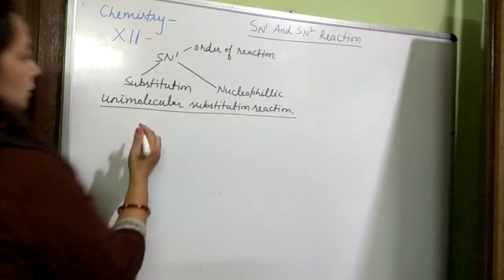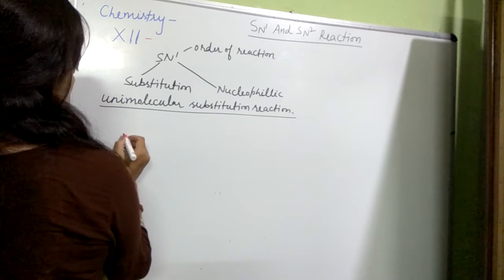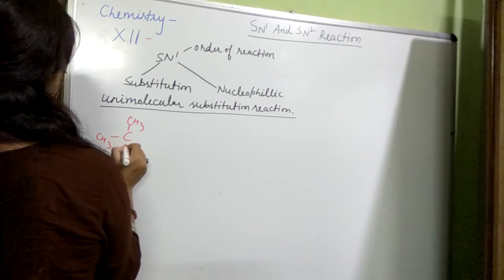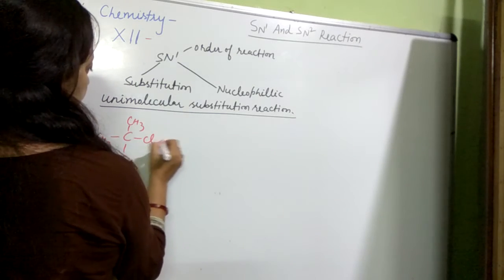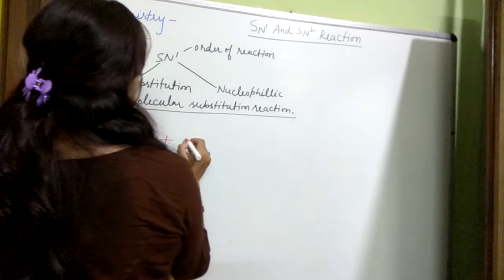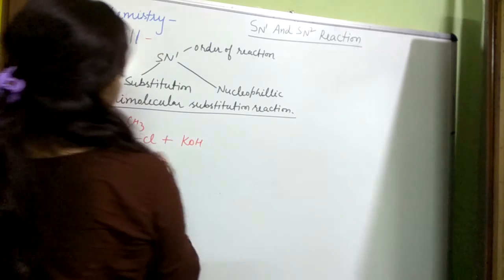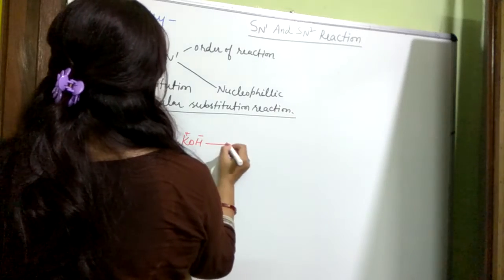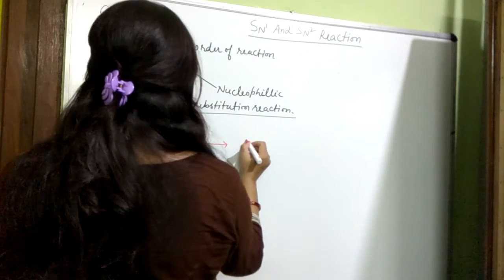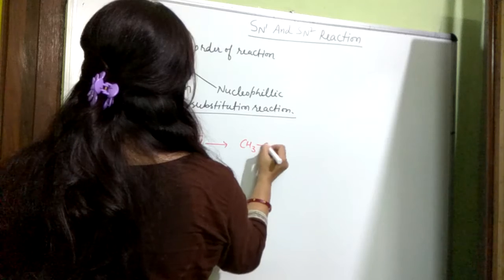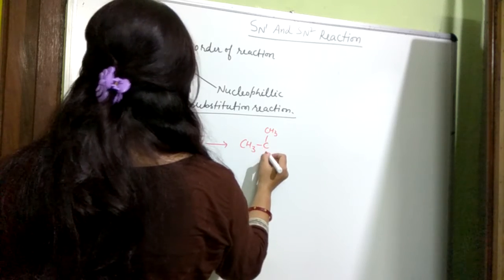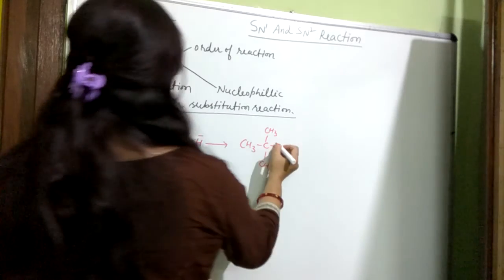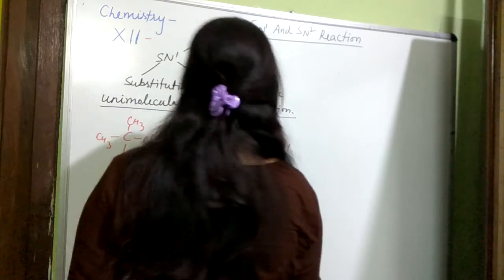When protic solvent is used, if substrate is alkyl halide and nucleophile is from KOH, then the product will be tertiary alcohols.